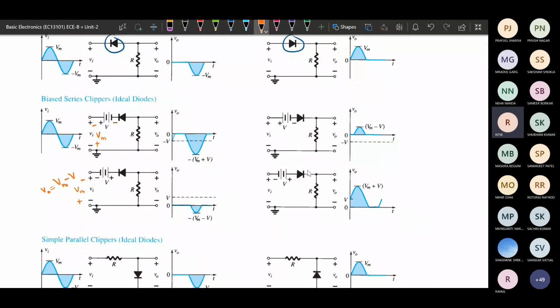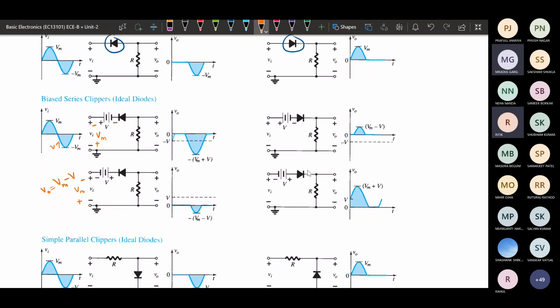So whatever Vm, the maximum voltage there is, it will be reduced by V amount, so it will be only Vm minus V. So this will be the case for a positive clipper with a supply voltage in the opposite direction. This will be the output.